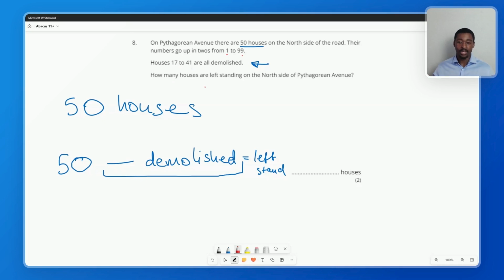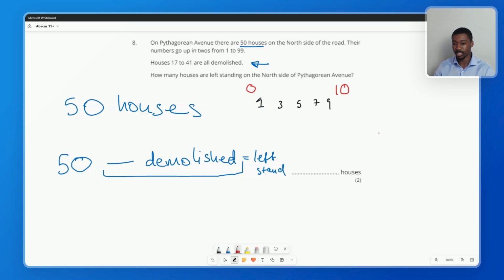So we need to understand how this is actually working. To work out how many houses are demolished, we can think about this very practically. Let's go back to the very start. We have 0 to 10. Between the numbers 0 and 10, how many houses are there if we're counting up and going up in twos? We have house number 1, 3, 5, 7, 9.